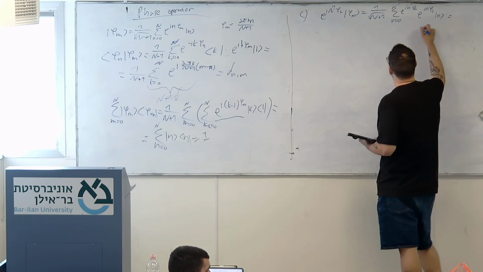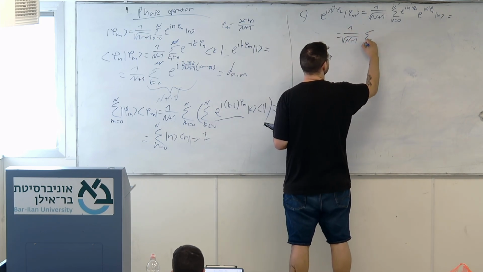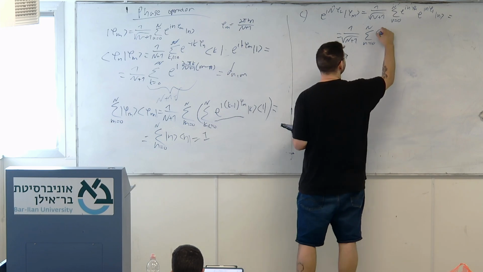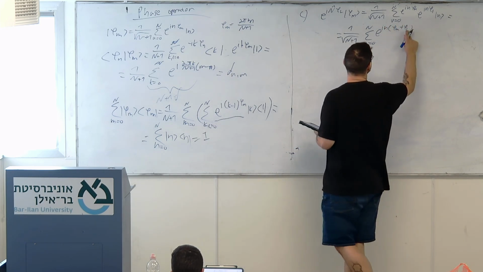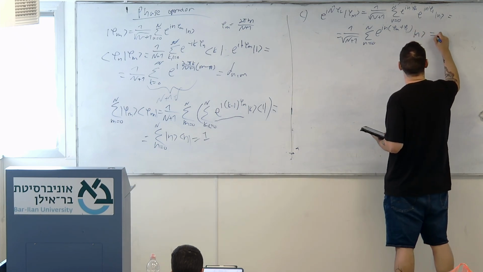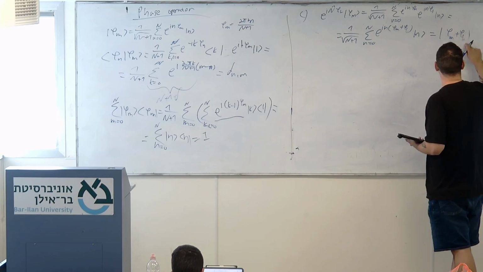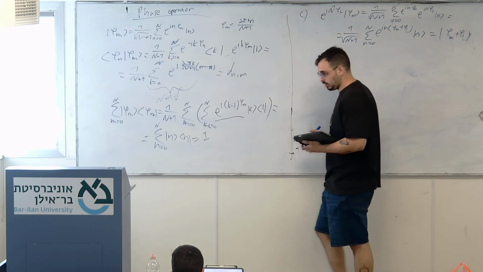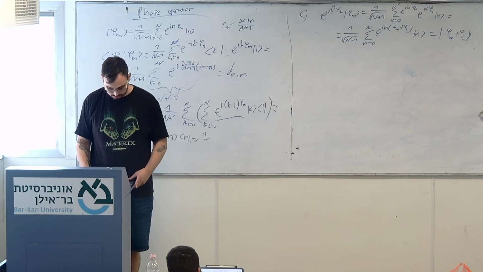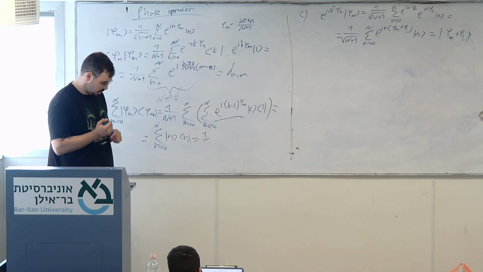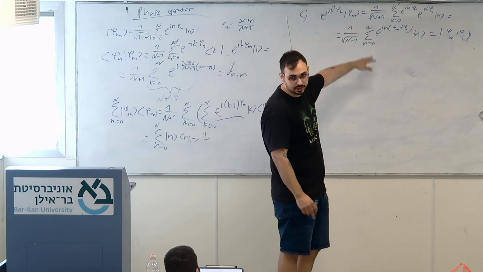Right? So overall this will just be equal to 1 over square root of n plus 1, sum n equal to 0 to n, e to the i n (phi_m plus n), |n>, or |phi_m plus n>. So we see that basically the operation around the number operator rotates us perfectly in the phase state domain.